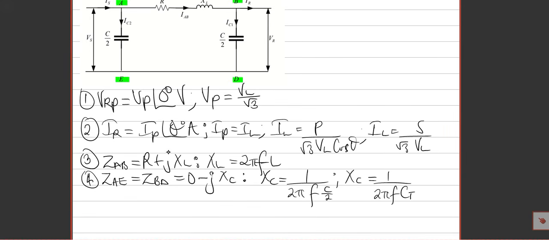So the first 4 steps typically are from given information. They'll give you your line voltage VL, they will give you power, your inductor, your resistor, and your capacitor. Everything here is given data.